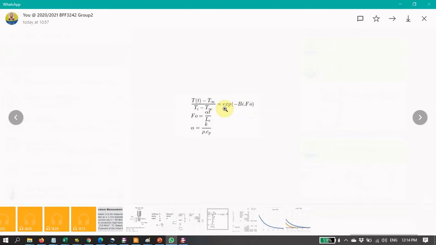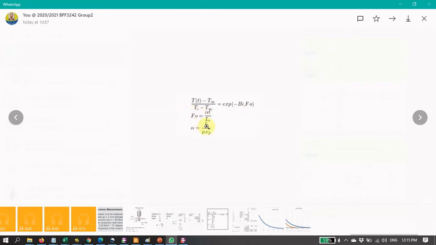So we have 1 minus 0.99, which is 0.01, the 1% more before the thermocouple gives the fluid temperature. The response of this thermocouple is given by the exponential rise, which is a function of Biot number and Fourier number.